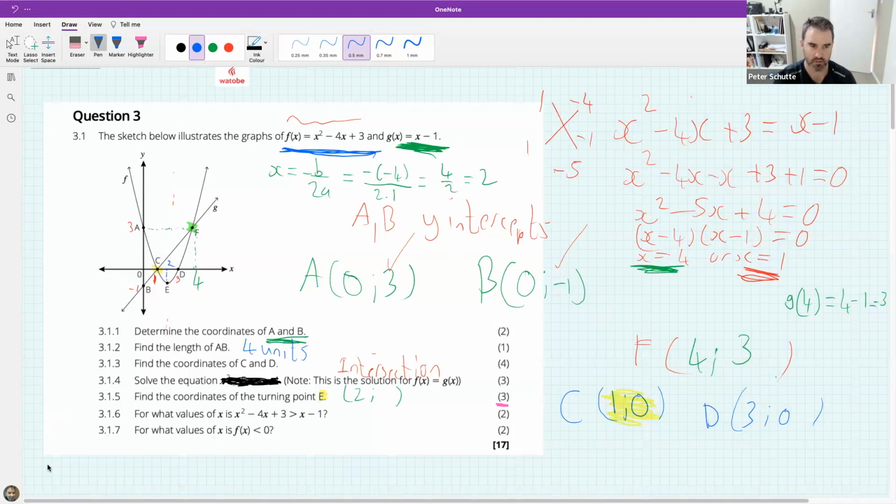I want to know what is the f of 2. The f of 2 will just be 2 squared minus 4 times 2 plus 3. That is going to give me 4 minus 8 plus 3, which is going to give me minus 1. So it's minus 1. Yeah, we're doing some quite hard questions here. So it's actually in line with B, that point there.